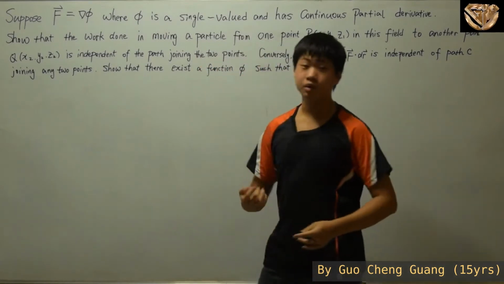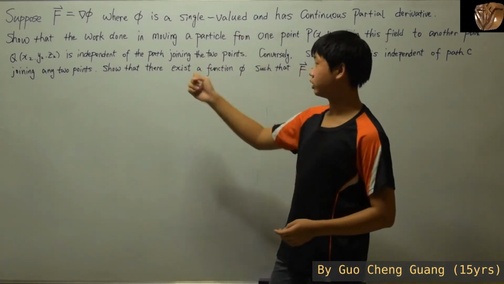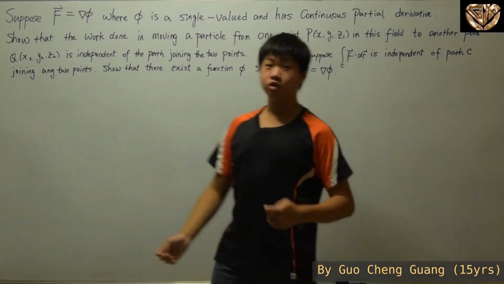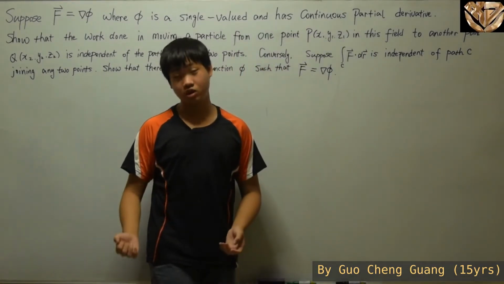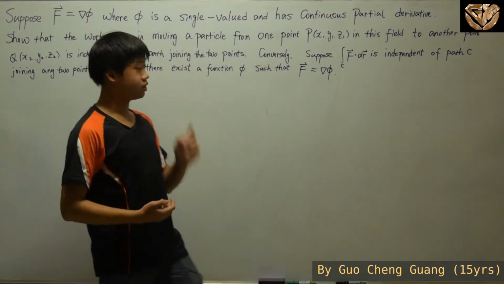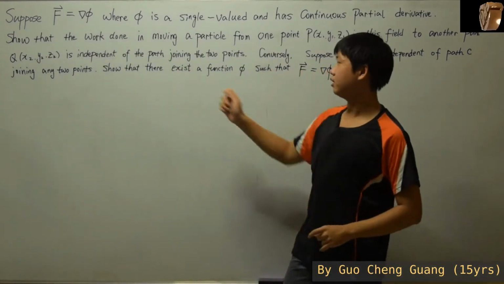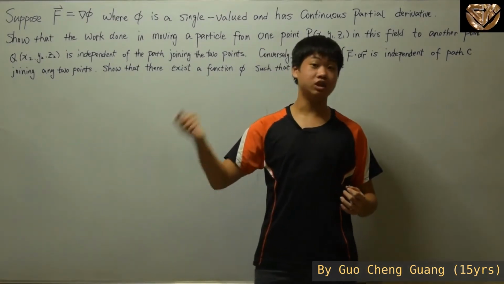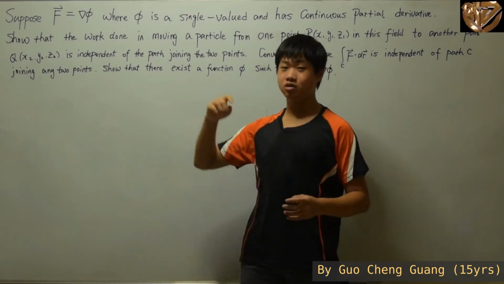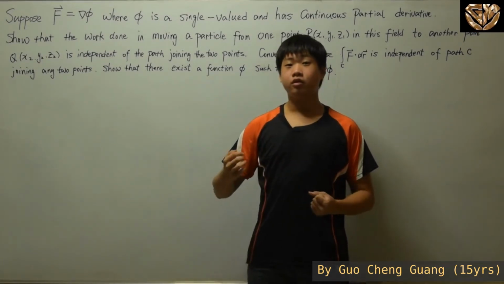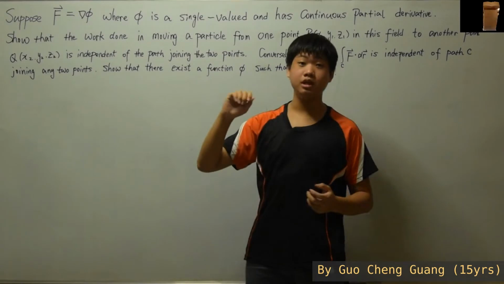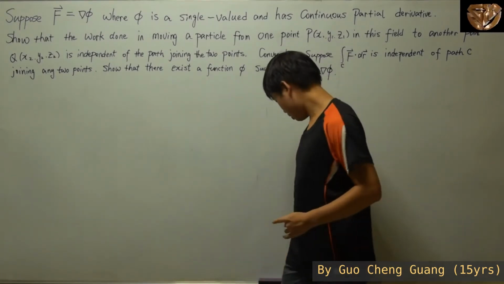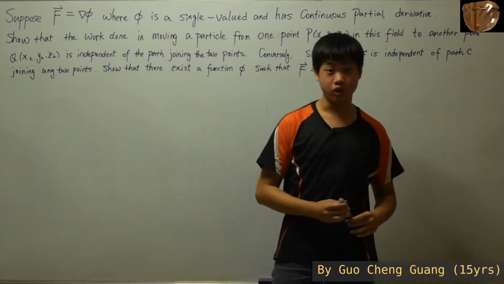What we are supposed to do is to show that the work done of a moving particle from one point P to another point Q is independent of the path between P and Q. So no matter which direction you take from P to Q, whether you take multiple loops around, as long as it starts on P and ends at Q, the final result will always be the same. Let's take a look at how this will work.